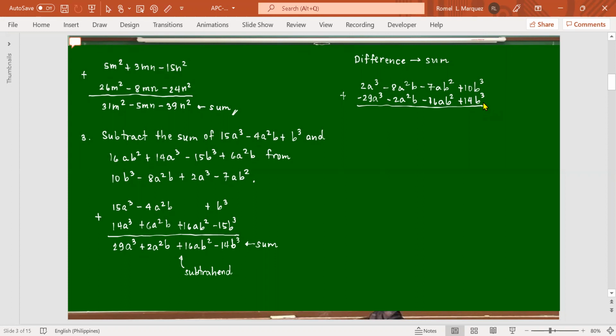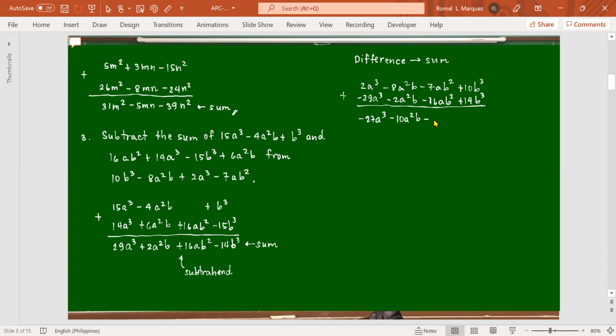Okay, finally, we get what, guys? Negative what? 27, right? a cubed. Negative 2 plus negative 29, negative 27. Negative 8 plus negative 2, negative 10. Copy a squared b.